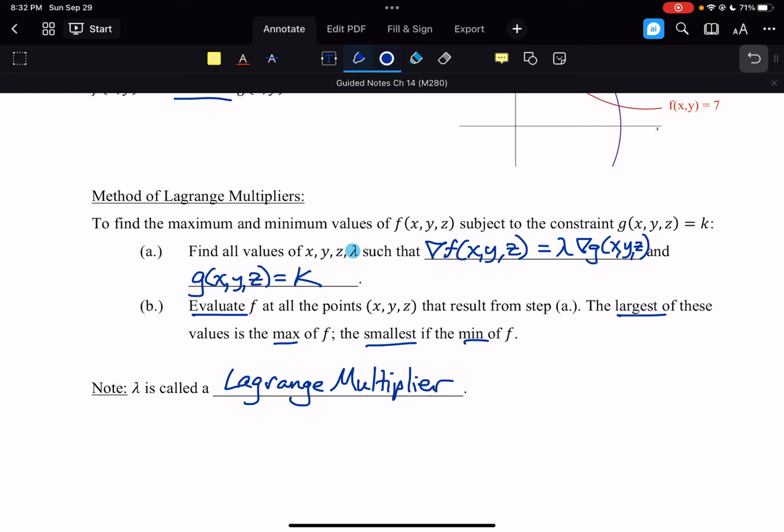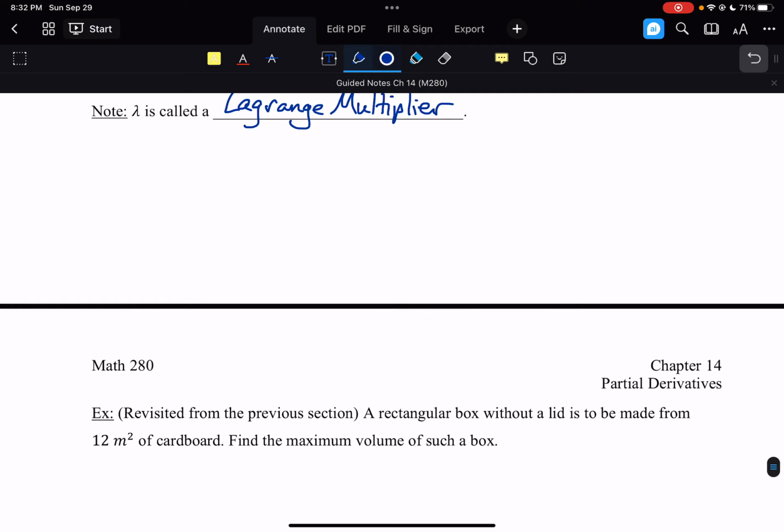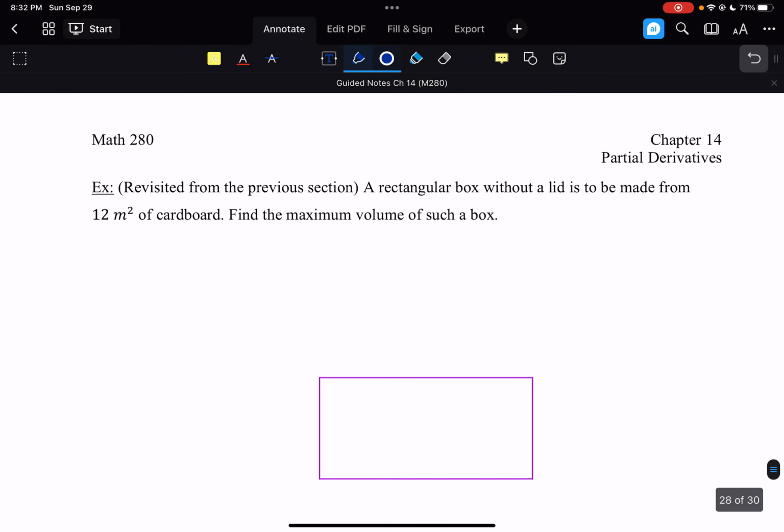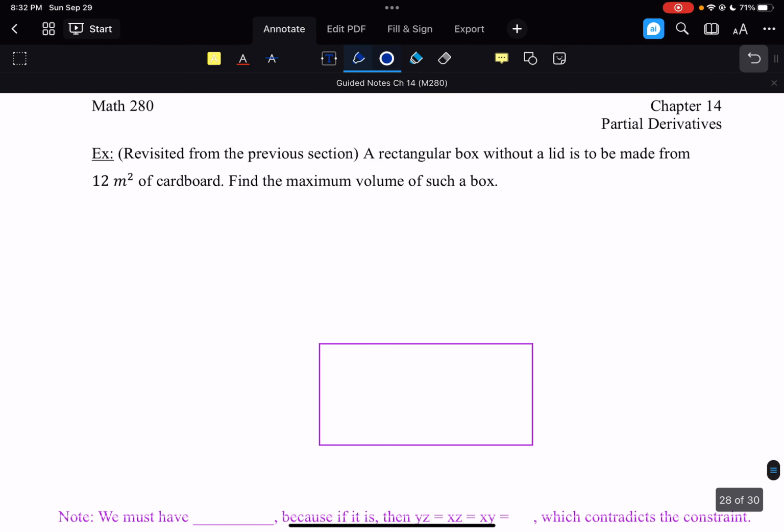So let's take a look at our first example. This is the same example that we looked at in the previous section. A rectangular box without a lid to be made from 12 square meters of cardboard. Find the maximum volume of such a box. So we found this last time. We're going to show this result again, but now through the lens of the Lagrange multipliers.